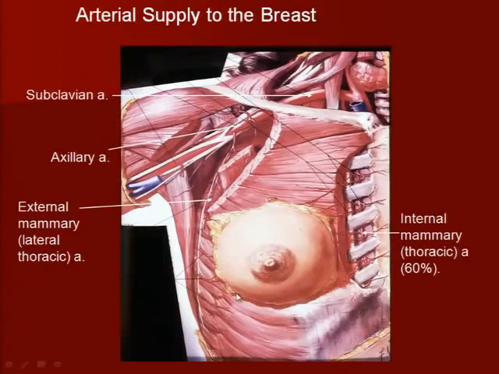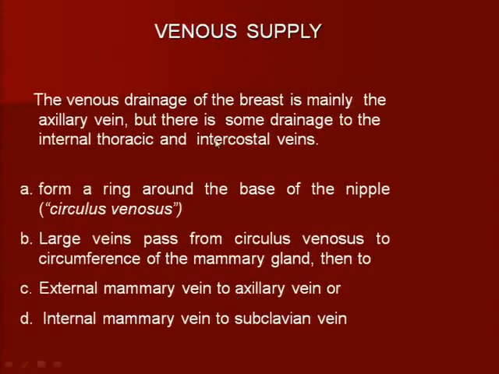Veins, the venous drainage. The breast has got a lot of venous drainage. Usually all of them drain to the axillary vein, and again they can drain into the internal thoracic vein and the intercostal veins following the arteries. They form a circle around the nipple, and this circle is known as the circulus venosus.